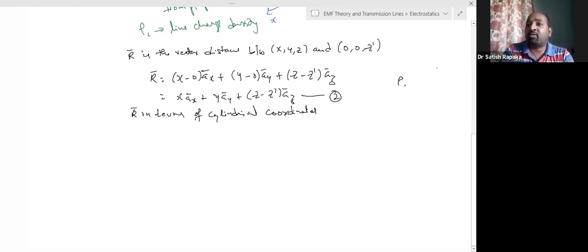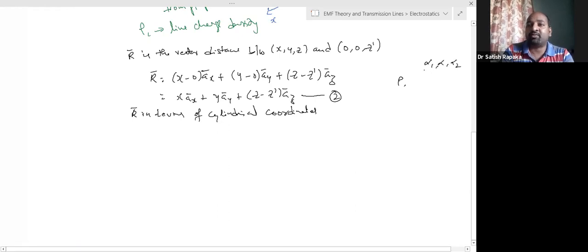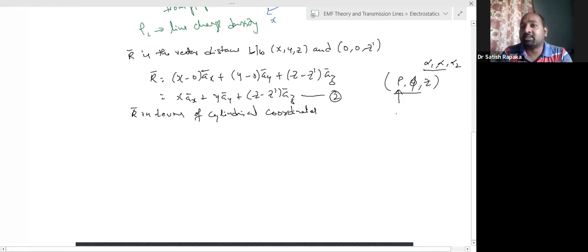What are those? Alpha 1 and alpha 2 angles we have indicated, different angles, right? So therefore theta and z, we have the z component, the z element, right? So therefore rho, phi, z, we have coordinates rho, phi, z, where rho is the normal distance which we have indicated in the figure.